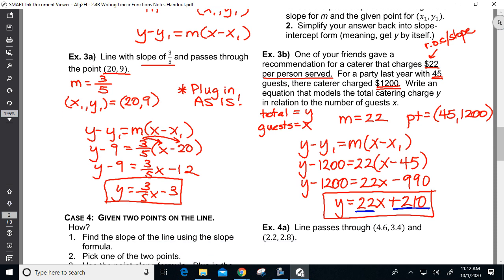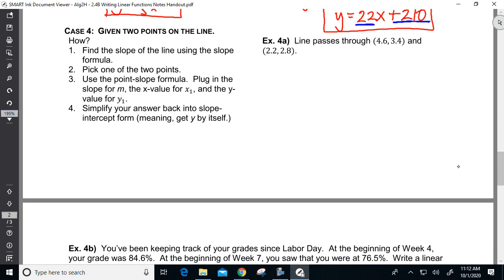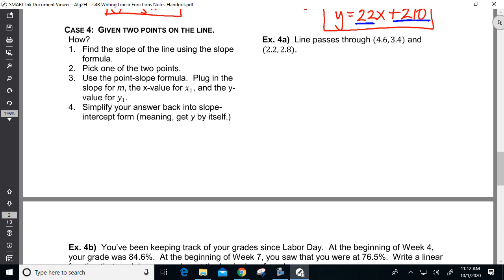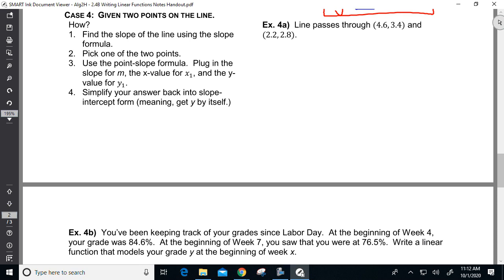Alright. Let's do the last case that we'll do today. So, if we're given 2 points, so 2 points is the one that takes the most work. Now, I'll put example 4B on the page for those people who finish 4A early.